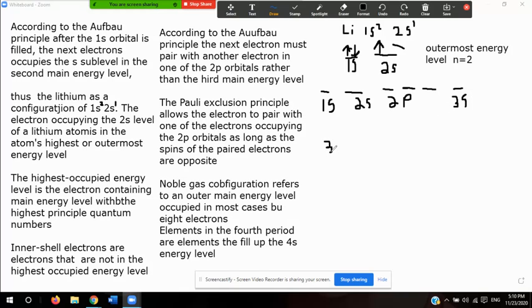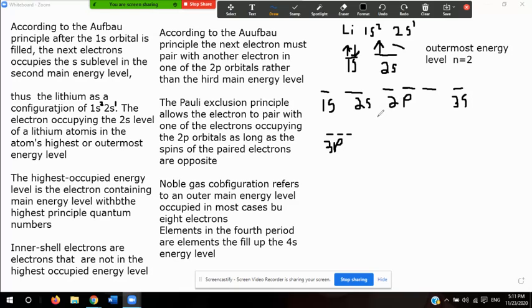After the 3s orbital is full, we go to the 3p. So elements of the third period basically go from 3s to 3p.